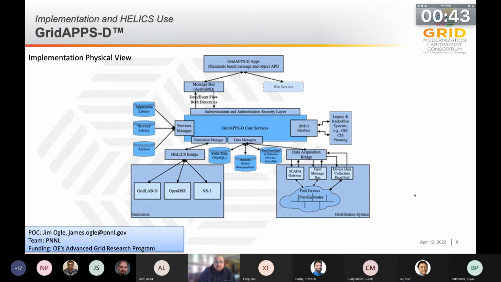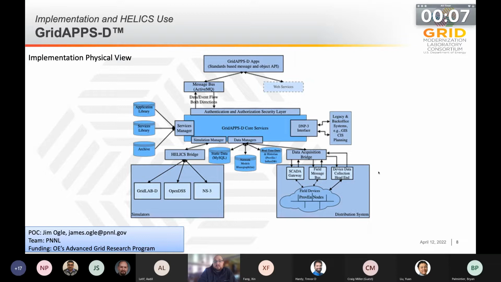And then what we have GridAPPS-D doing in terms of Helix is creating that simulation for the development and testing of these applications, and for the training of operators on the system. Our simulation manager is automating the creation of the real world based off of what's housed in the SIM model.